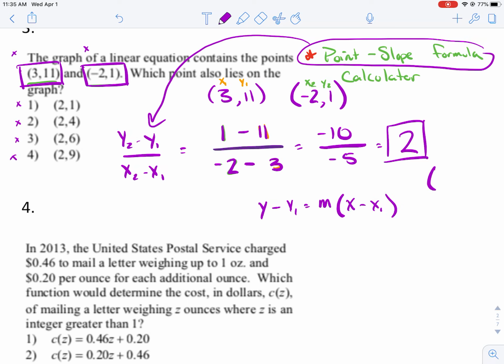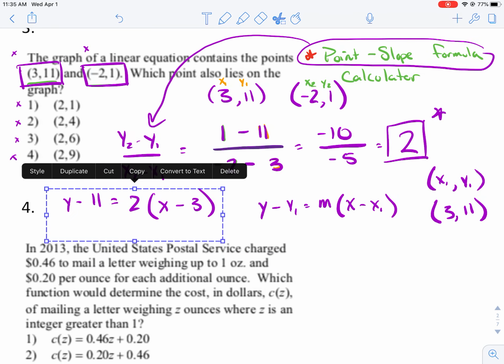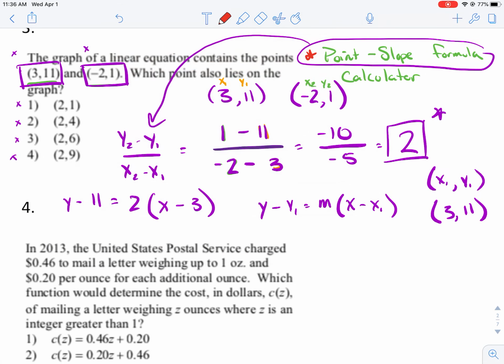All right, so I'm going to go y minus y1 is equal to the slope times x minus x1. In this case, our x1, y1, we're going to use this 3, comma, 11. So I just plug that in. So y minus 11 is equal to our slope, which is 2, times x minus 3.